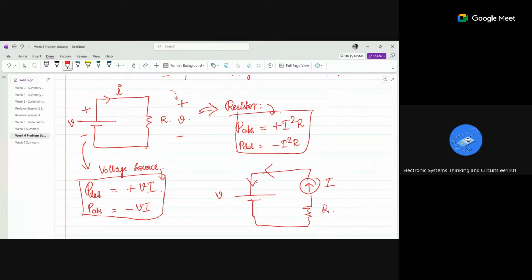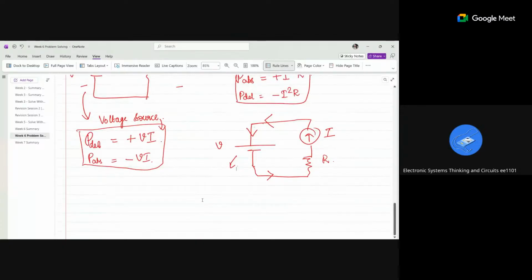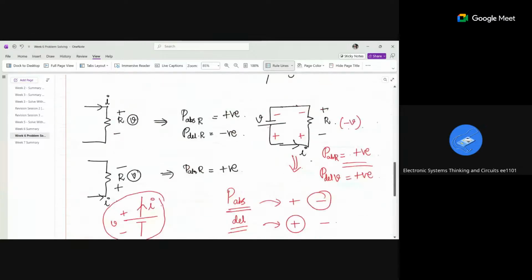And the current is flowing in this direction. What is this voltage doing? Is it delivering or absorbing? Absorbing. Yes, it is absorbing. Clear, right? Shall we move to our question?